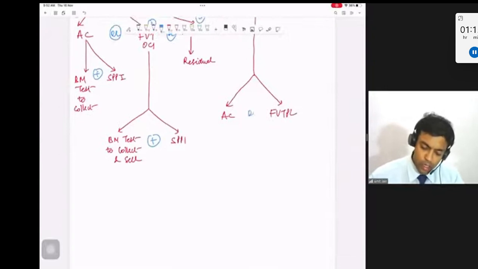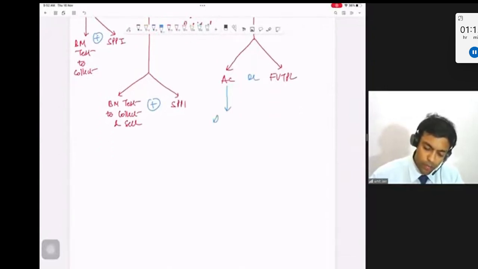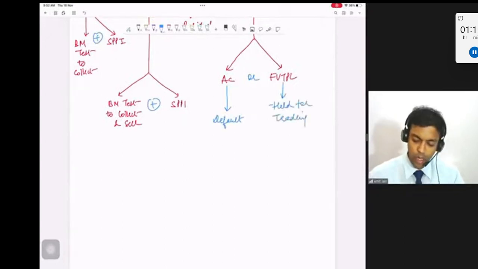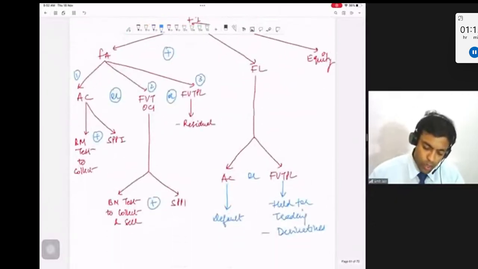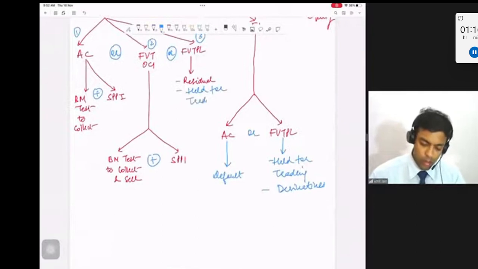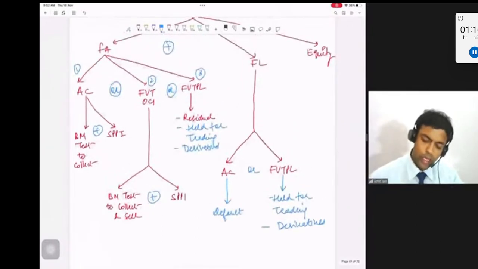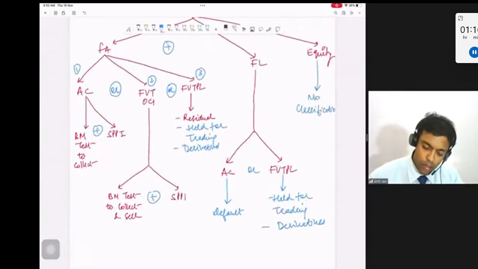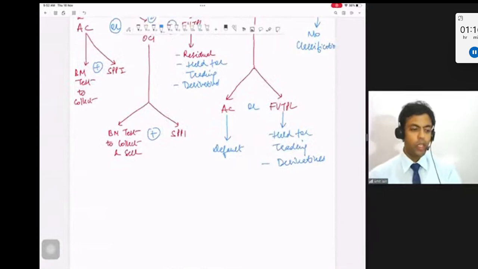Right? This is the default category. This is held for trading and derivatives. Right? This is also a residual category: held for trading and derivatives. Correct? Equity, no classification.